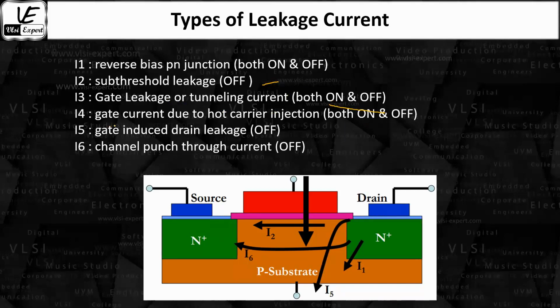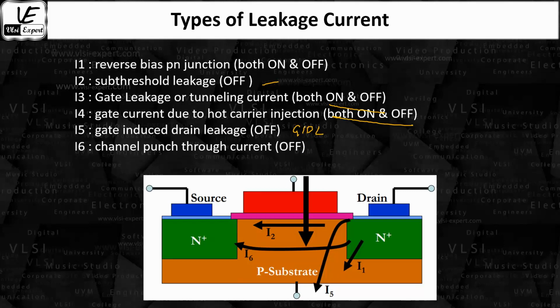Then gate current due to hot carrier injection, I4, which is again present when the device is on or off. Then we have gate-induced drain leakage, that is GIDL, which is present in the off device, and the channel punch-through current, which is again present in the off device. So these are some of the leakage currents flowing through the devices.